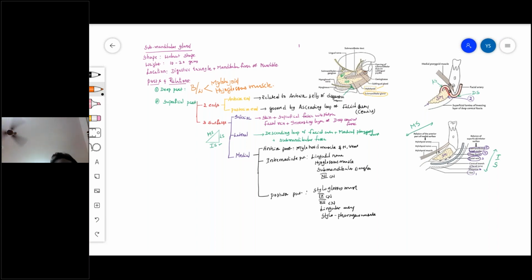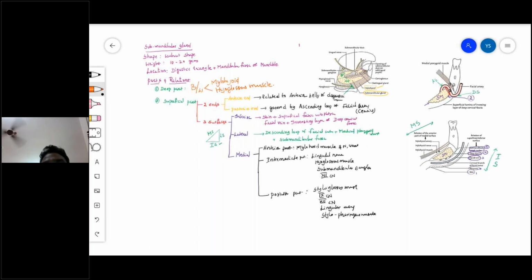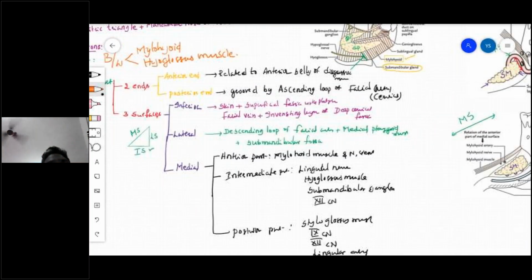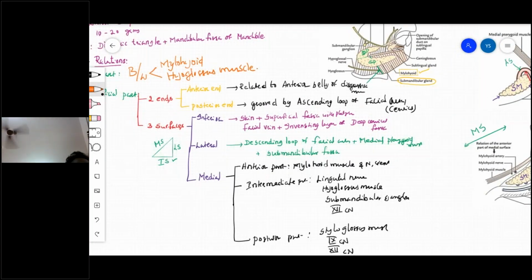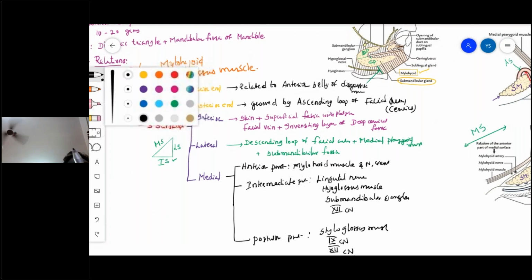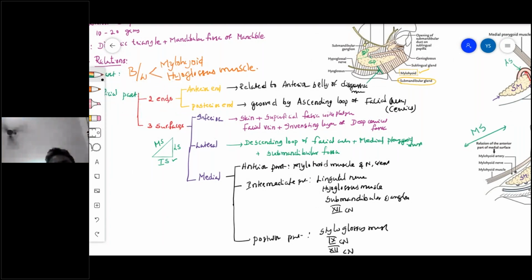First, the posterior end is important. The posterior end is grooved by which artery? Tell me. The descending loop of facial artery. You should highlight that in practical.